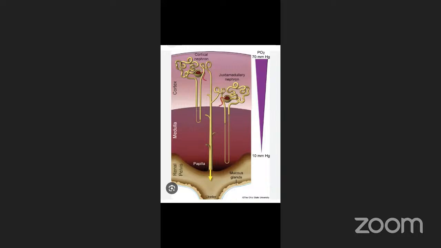So before you get there, you have to explain why is less antidiuretic hormone produced? Low osmotic.